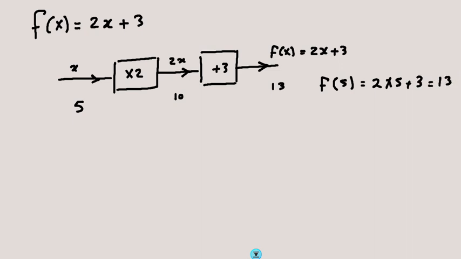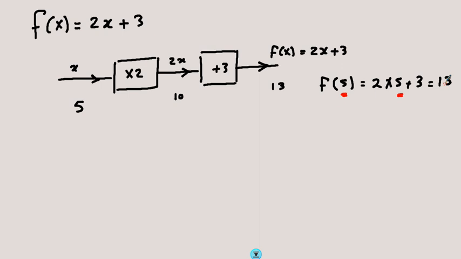In this case, we replaced the x on the left-hand side by 5, and therefore we replace the x on the right-hand side by 5 as well. And this is the input, and this is the output.